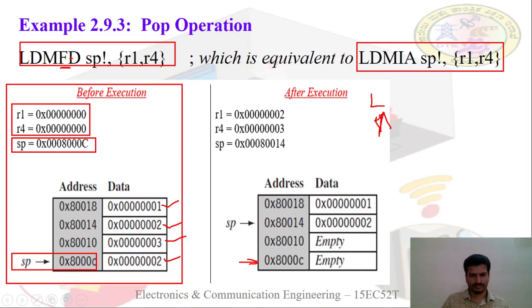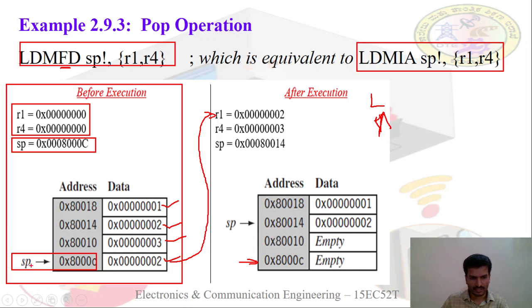Here we have used full, so SP is pointing to a filled memory location, right? SP is pointing here, 800C. First it will load the data from memory to register, so this data is moved to R1. That is the pop operation: it retrieves the data from the top of the stack to R1.